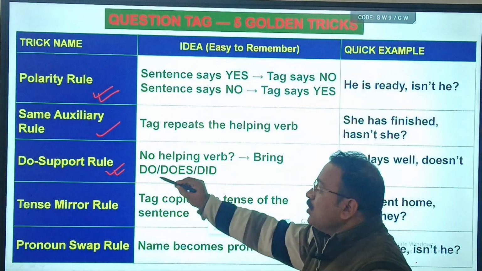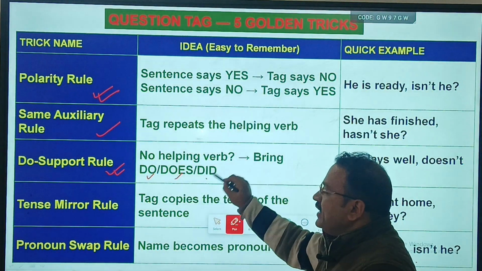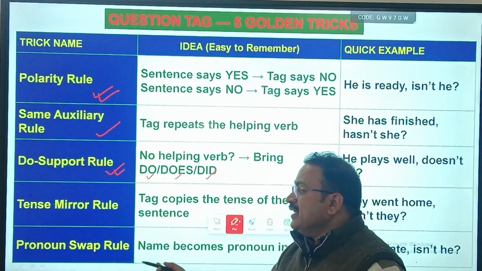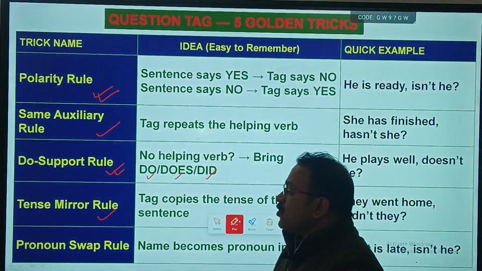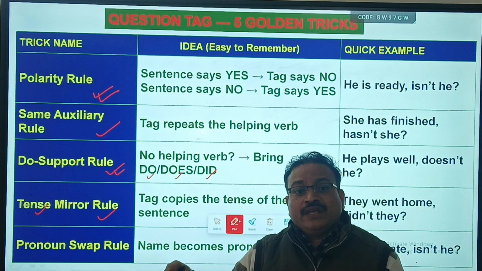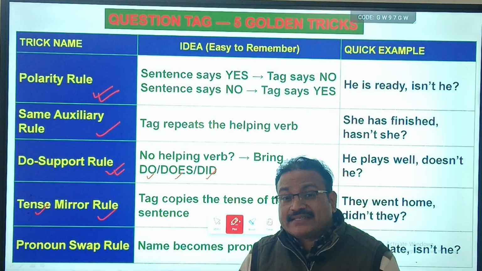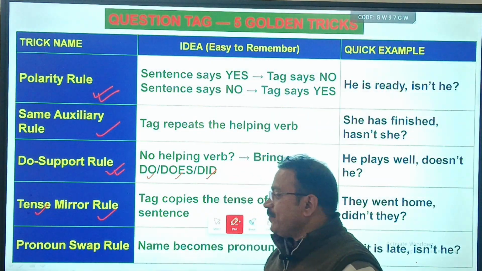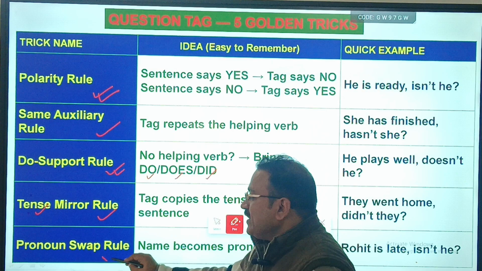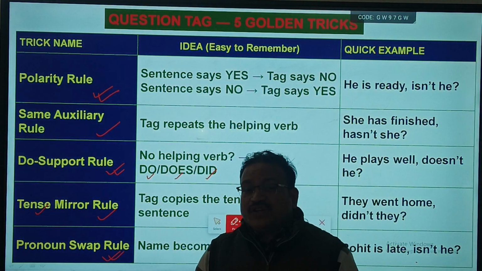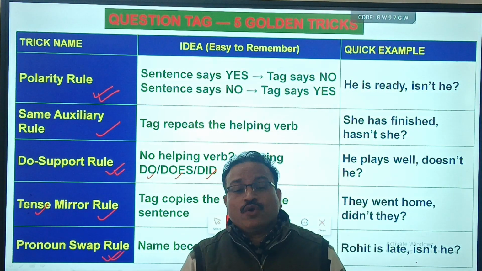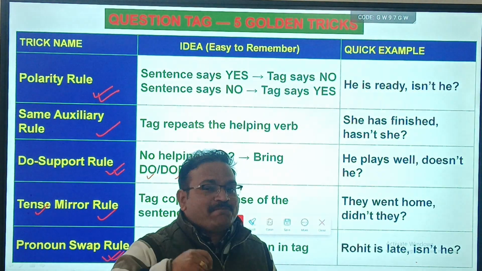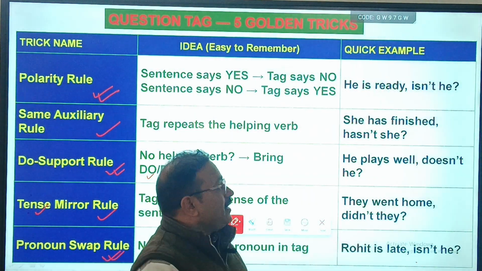We will use do, does, or did, depending on the tense of the sentence. Next is tense mirror rule. While changing the tag, we shall use the same tense which has been used in the sentence. And the last one, which is very important, in question tag we don't write nouns. What we use? Pronoun. We shall use pronoun in place of noun.